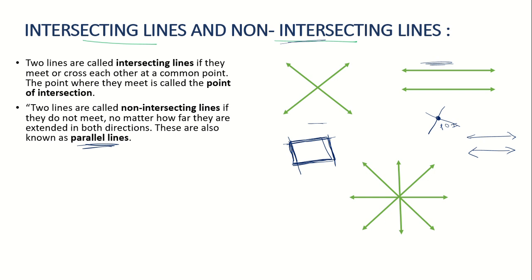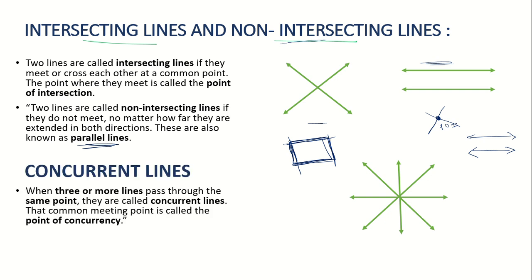Next, we'll see one more type of line, which is concurrent lines. Concurrent lines are when more lines pass through the same point.